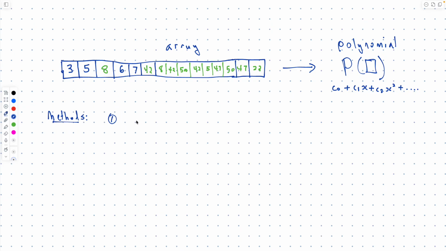So method 1: program into coefficients. So 3 plus 5x plus 8x squared plus 6x cubed, et cetera.